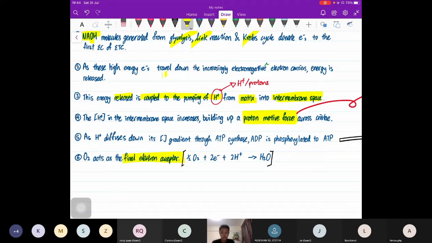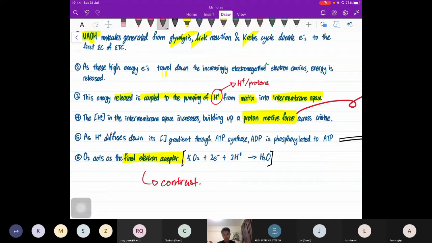And if you contrast this with your photosynthesis, you see how these two processes have different molecules acting as the final electron acceptor.